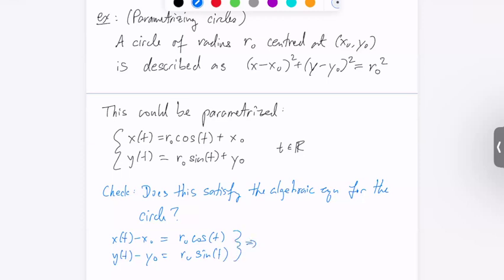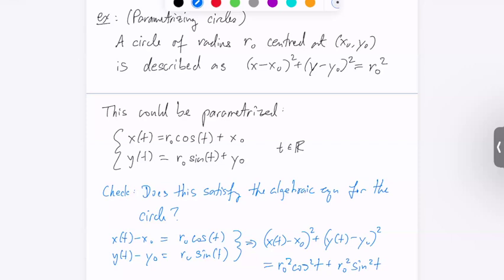So these two facts give you together that x of t minus x0 squared plus y of t minus y0 squared is equal to r0 squared cos squared t plus r0 squared sine squared t.